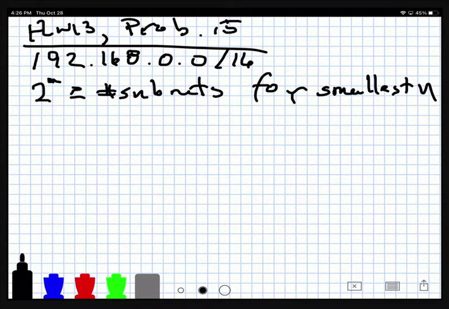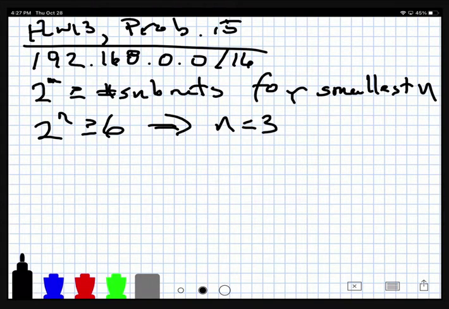So what we need to solve is 2 to the n is greater than or equal to 6. If we solve that for the smallest n that makes that true, then we need to borrow 3 subnet bits. So that's the first thing we need to do. So we need to extend the subnet mask by 3 bits.